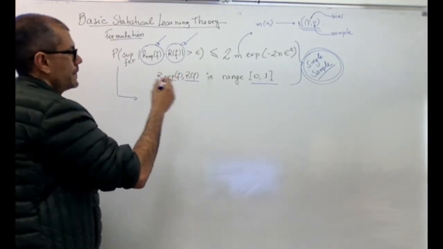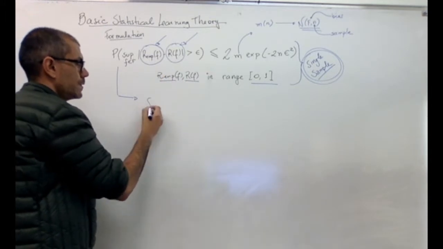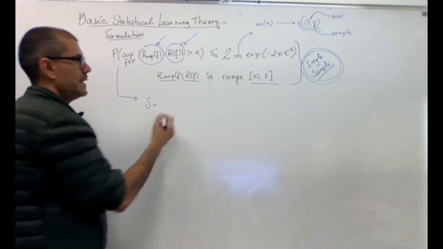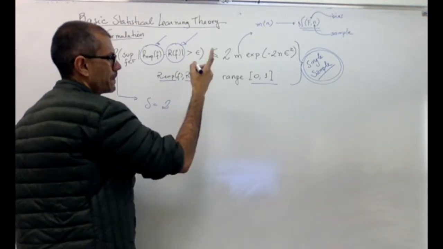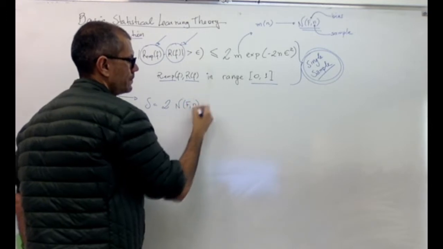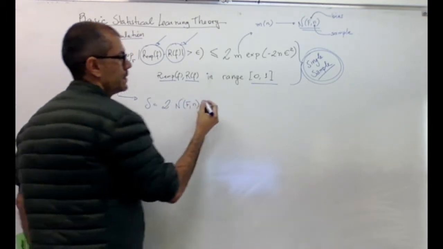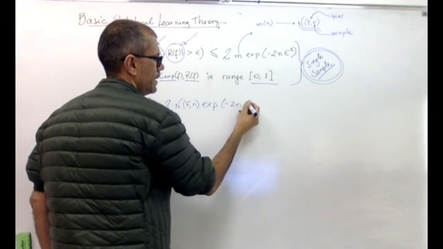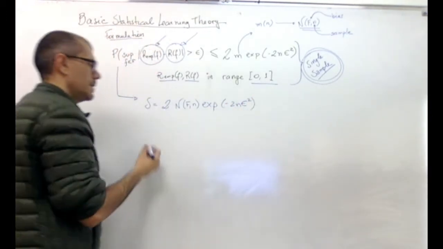There is something quite important here. We can define delta to be equal to 2, times the Shattering Coefficient for a single sample, times the exponential of -2n epsilon squared.